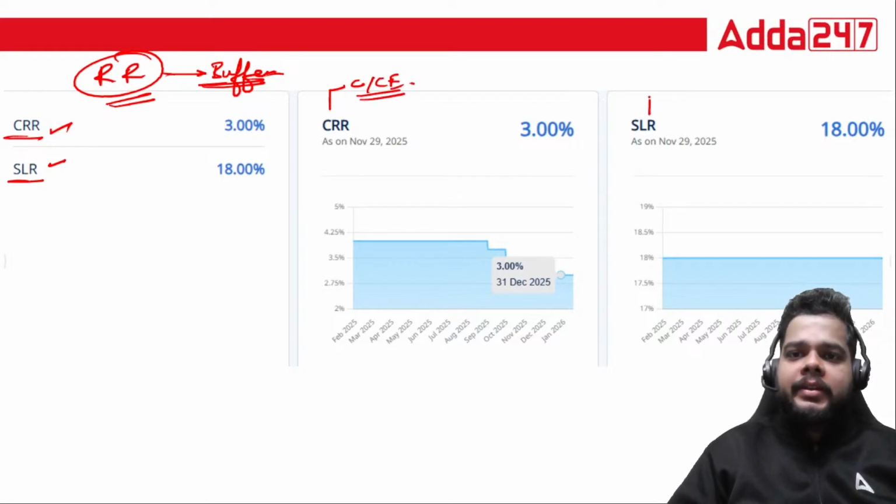Secondly, reserves must be maintained under the head of statutory liquidity ratio, which includes not only the cash equivalents but also liquid assets. So gold can also be there.